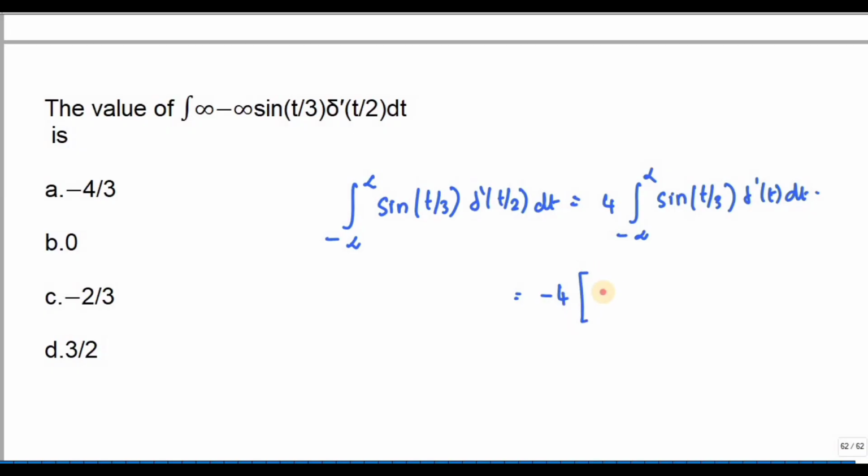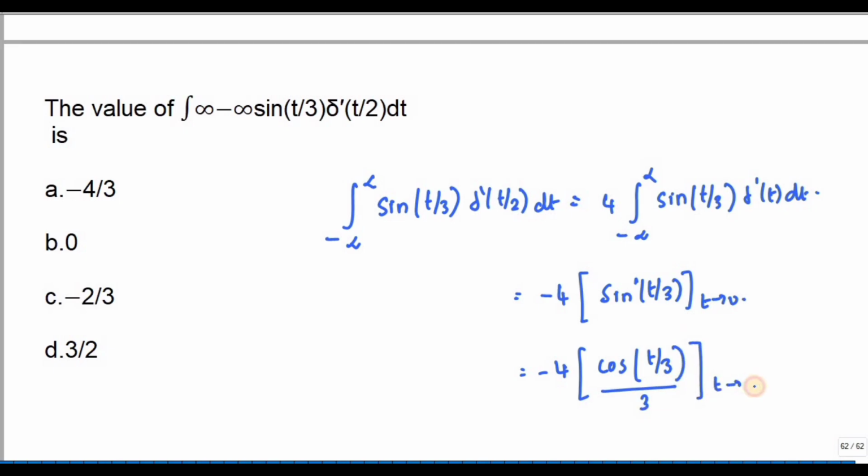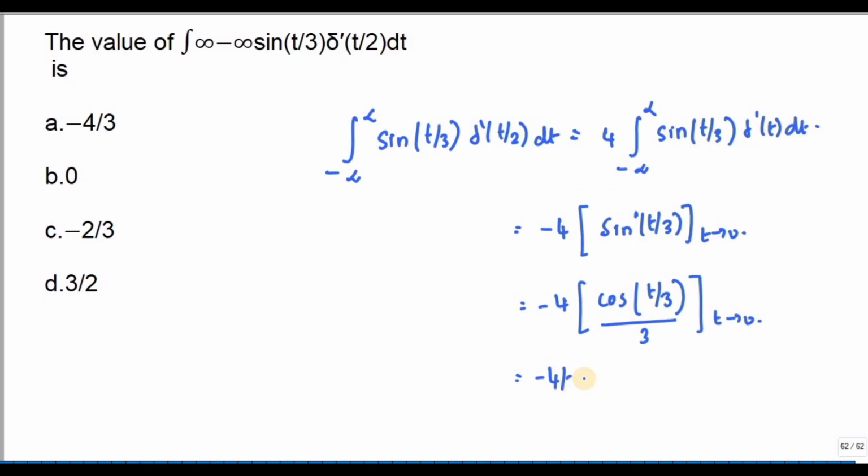So minus 4, and differentiate sine t by 3, and substitute t equal to 0. If I differentiate sine t by 3, I will get cos t by 3 divided by 3. Substituting t equal to 0, I'll get minus 4 divided by 3.